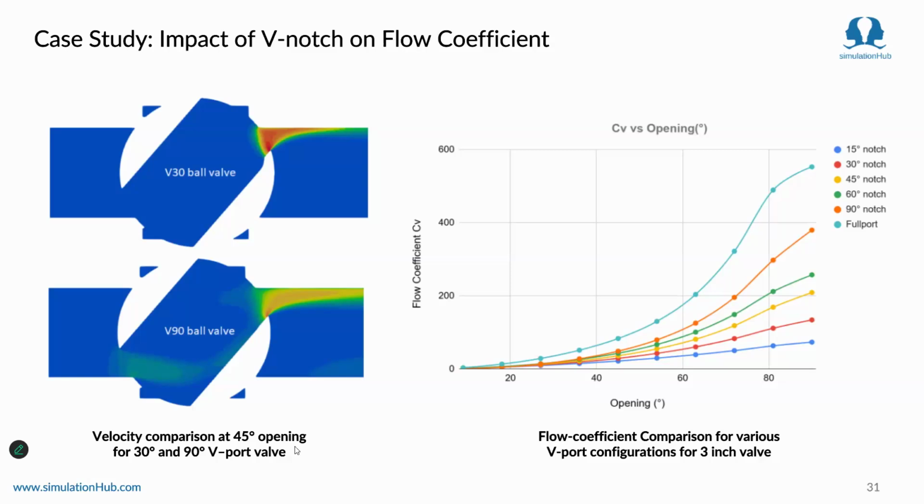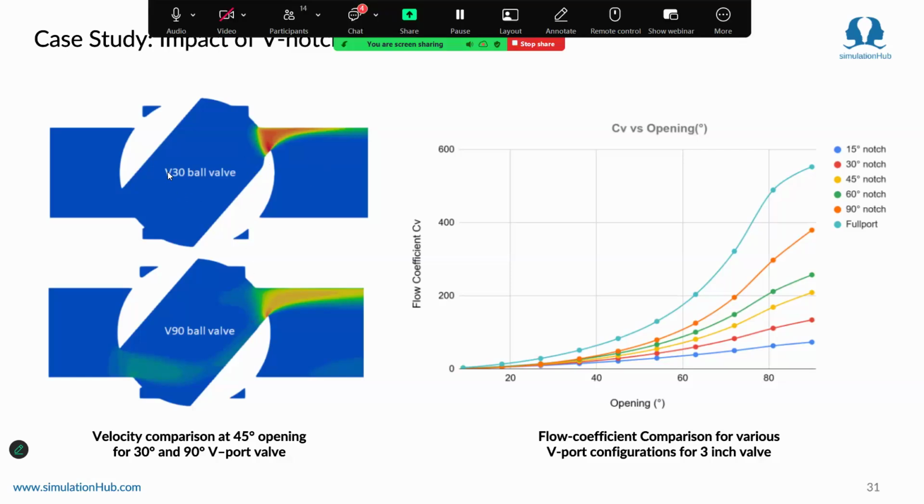So in the contour images here, you can see the jets created by the 30 V ball valve are high in magnitude, and as the V notch is increased to 90 degree, the jets have reduced in magnitude. So this helps in understanding the vibration behavior, the cavitation behavior in the valve.